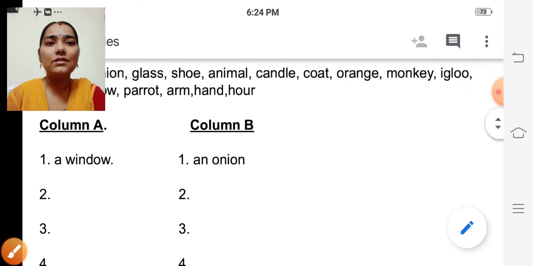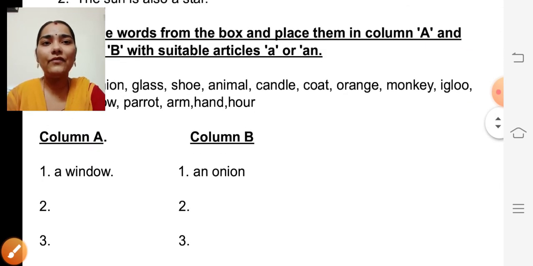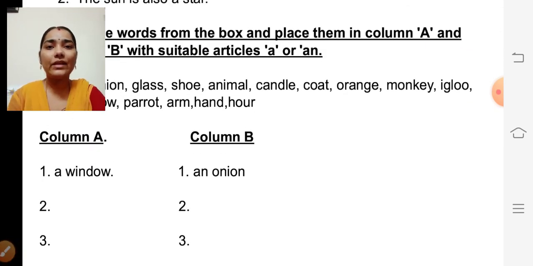And next one is, after animal, candle is there. Candle. It's not a vowel sound, and it starts with C. Isn't it? C is a vowel? No, C is not a vowel, isn't it? So which article should come before the word candle?